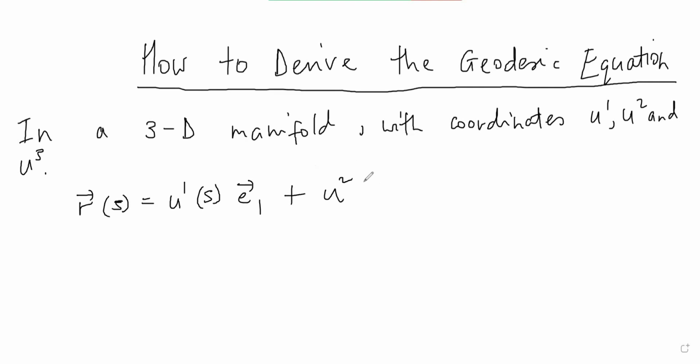You have U1 of S, E1, U2 of S, E2, plus U3 of S, E3. So we express the position vector in this way. This position vector obviously is the parametrization of this three-dimensional manifold that we're working in.